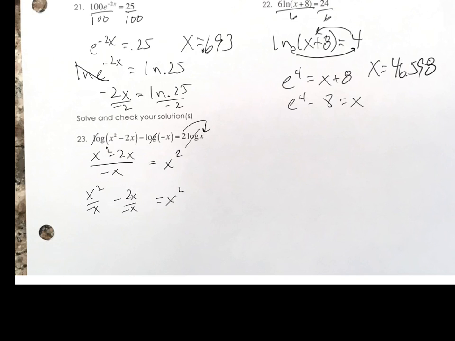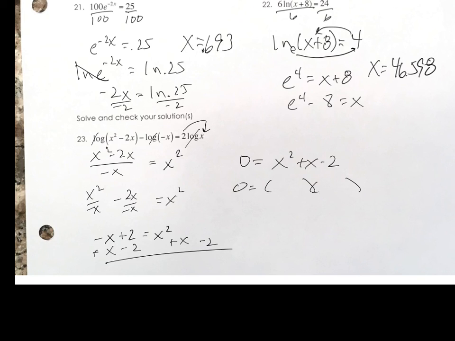So when we simplify this a little bit, this is negative x plus 2 equals x squared. I'm going to set this thing equal to 0 and factor it because it's got an x squared and an x. So we get 0 equals x squared plus x minus 2. 2 times 1 is the only way to get 2 and make that a plus 1. So we get x equals negative 2 and x equals 1.